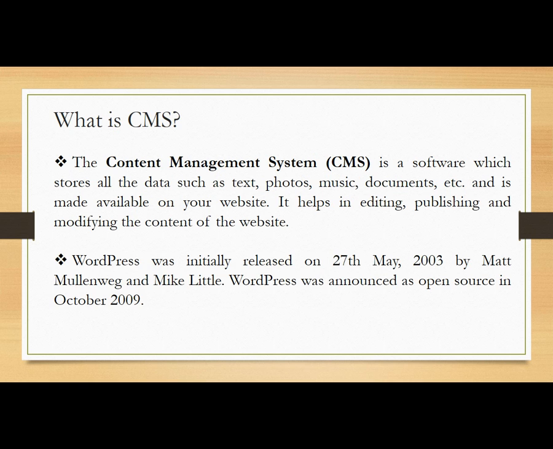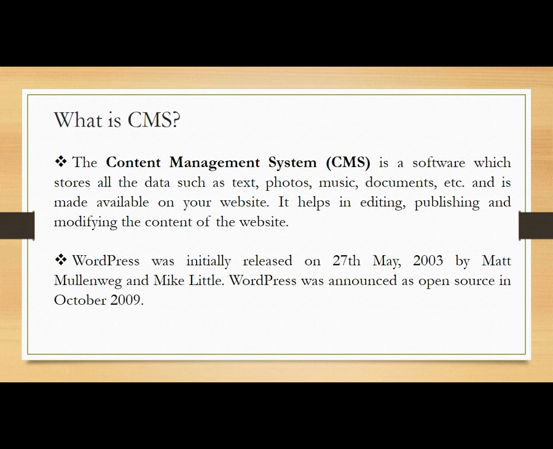Now the first thing that we have to clear is what is CMS. The full form of CMS is Content Management System. It is made up of three words, that is content, management and system. System, here, is an automatic system which organizes and restructures the data of users by the tools provided by WordPress.